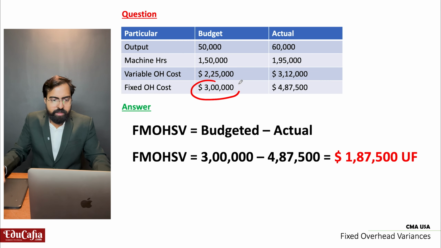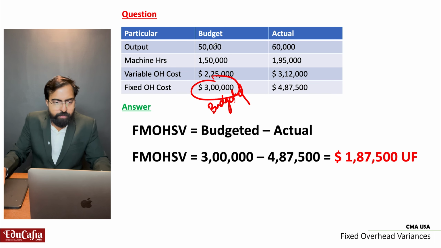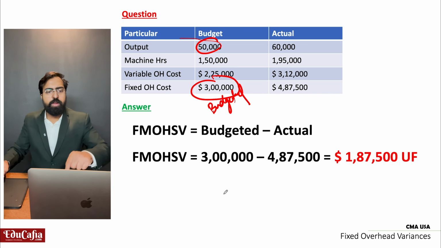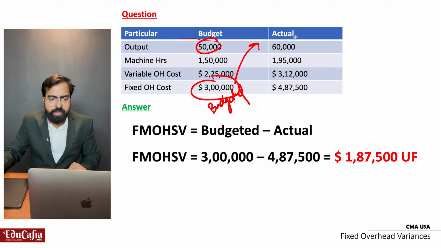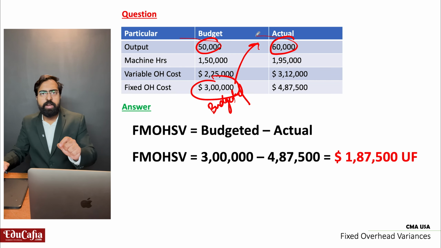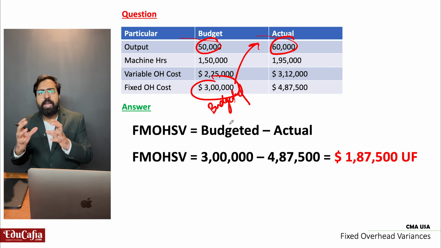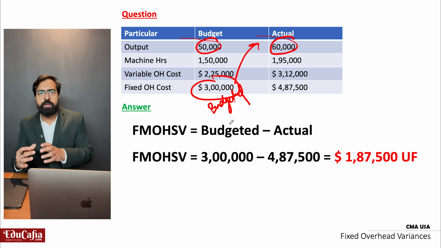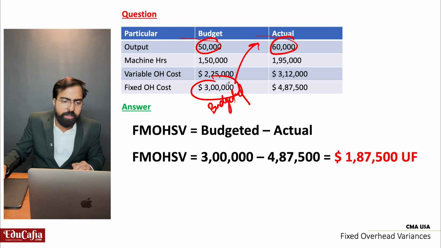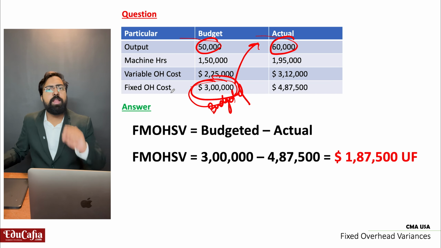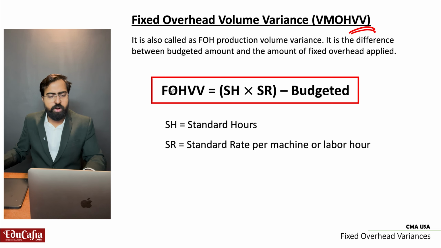This 3 lakhs budgeted is for 15,000, so we have to convert this to 16,000. Then you will get the standard rate required for 16,000. If you compare that with the budgeted, you will get volume variance. You got it? So let's see.